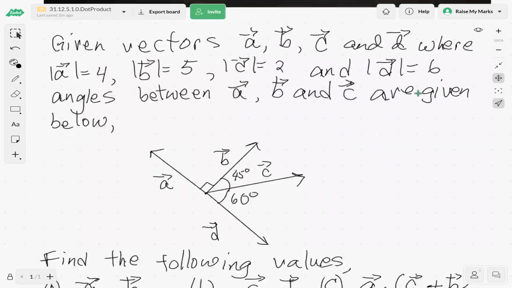So we're given vectors A, B, C, and D, where the magnitude of A is 4, the magnitude of B is 5, the magnitude of C is 2, and the magnitude of D is 6.